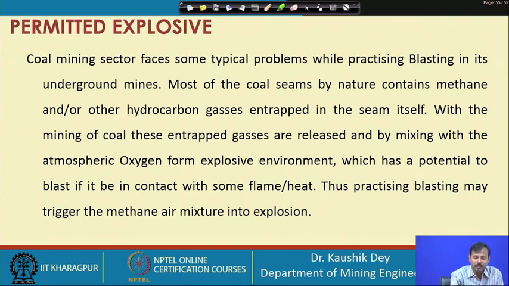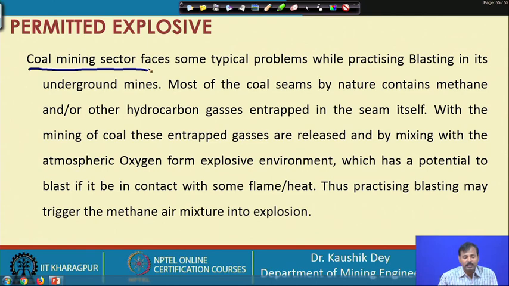When we carry out blasting in the coal mining sector, some typical problems arise. Most coal seams by nature contain methane or other hydrocarbonaceous gases entrapped in the seam itself. With the mining of the coal, these entrapped gases are released, and by mixing with the oxygen of the atmospheric air, they form an explosive environment.